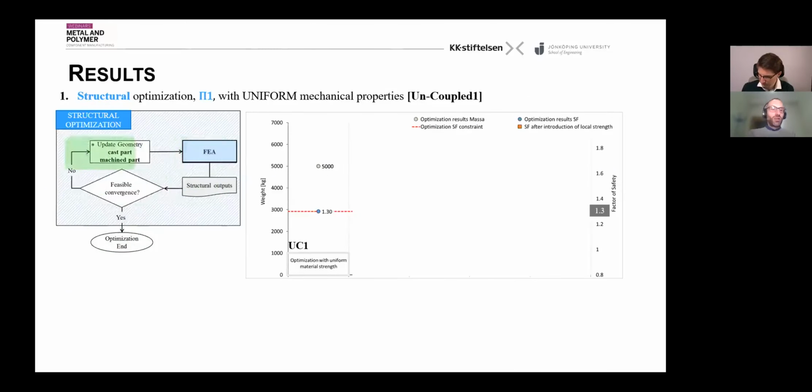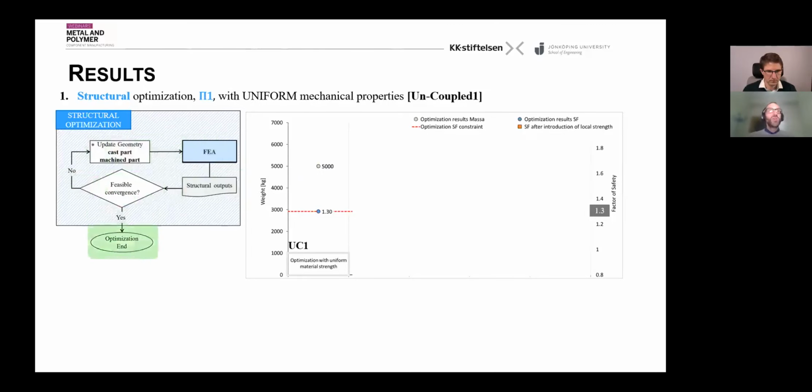So we performed our structural optimization using just uniform material, meaning that the strength of the material was uniform all over. For the first optimization, we got a safety factor of 1.3 and a weight of 5 tons, or 5,000 kilos.